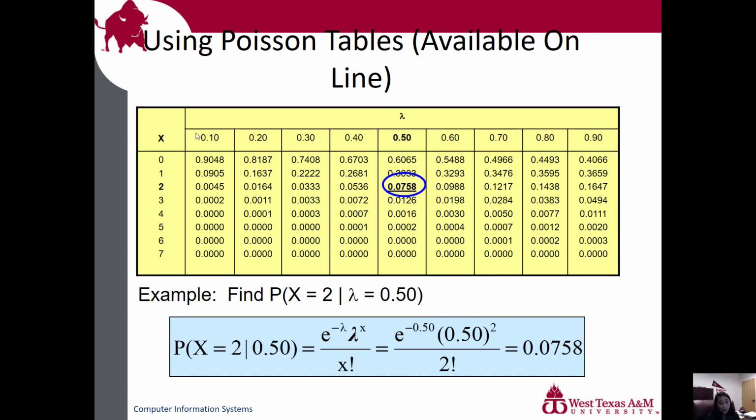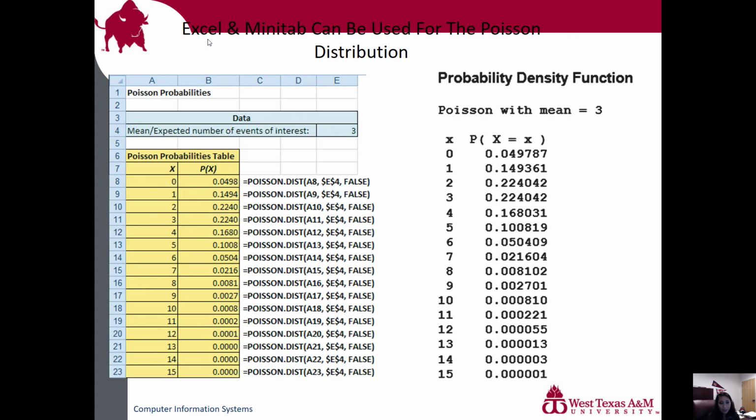Like you could use the binomial tables, you can also use the Poisson tables here. Again, we typically don't use these nowadays because we have calculators to quickly calculate this out. We can also calculate the Poisson distribution in Excel and Minitab.